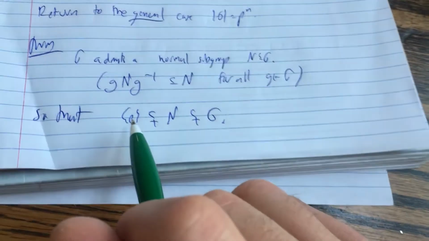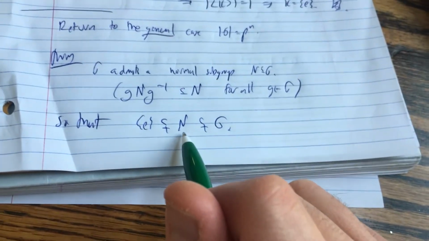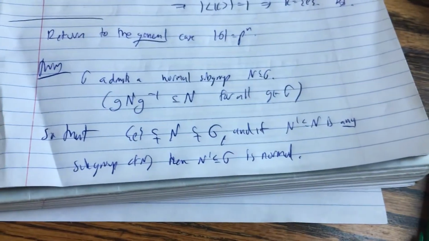Anyway, okay. So G admits a normal subgroup N. Yeah, obviously it admits the whole group and the identity, right? You could come up with trivial examples of normal subgroups, but such that N is not the identity and N is not G. So there are two obvious normal subgroups, the identity and G. It's saying, no, if you have a P group, you admit a non-trivial one in there. And such that if N prime in N is any subgroup of N, then N prime is normal in G. So not only is it normal, but all of its subgroups are also normal.